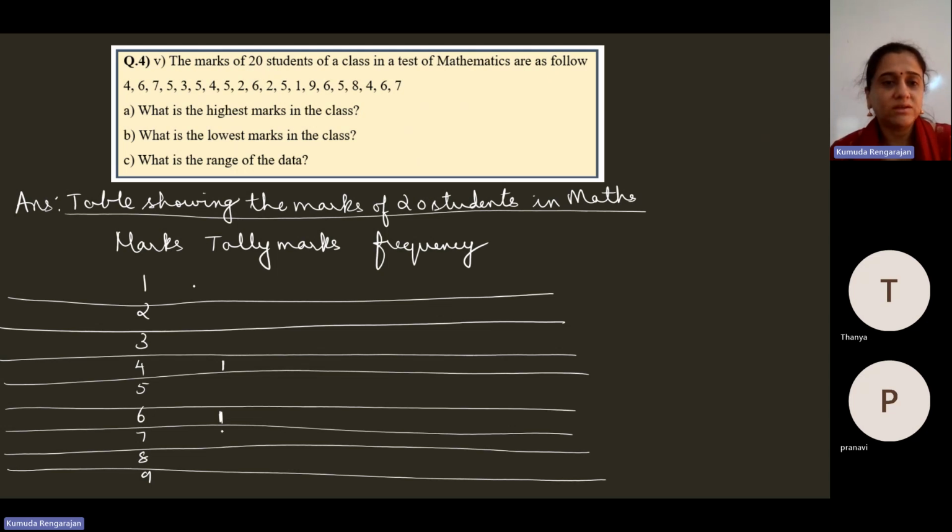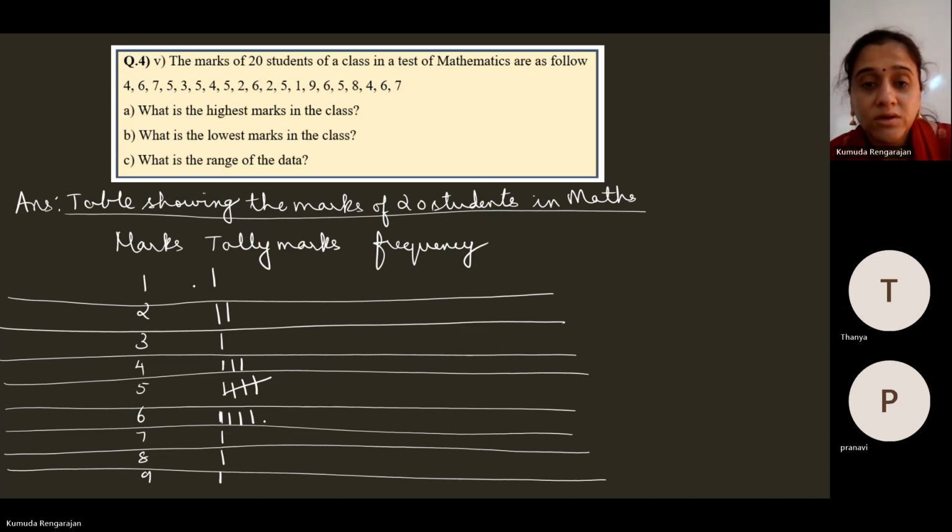Third value is 7. Then 5, 3, 5, 3, 5, 4, 5, 2, 6, 2, 5, 2, 6, 2, 5, 1, 9, 6, 5, 8, 4, 6, 7.